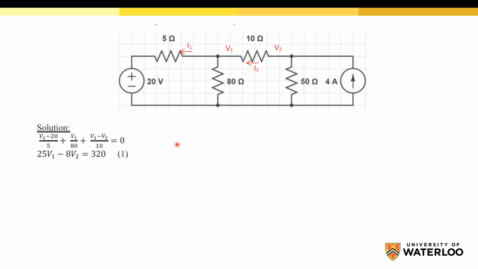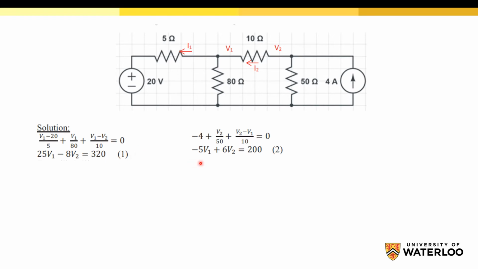For the node V2, we'll do the same. We have V2 minus V1 over 10, which represents I2 in this case, plus V2 minus 0 over 50, which represents the current passing from V2 to the reference. Then we have 4 amps entering the node, so it will be minus 4, which is equal to 0, and then we can simplify this equation.